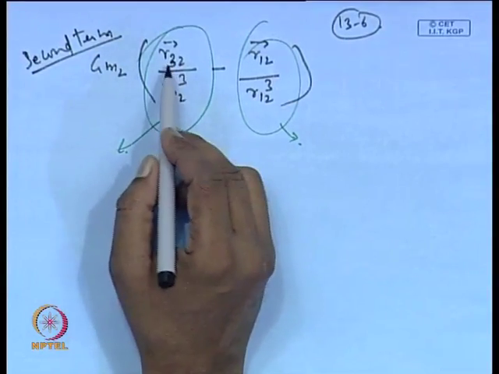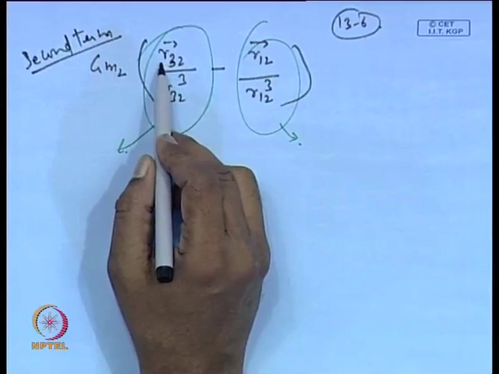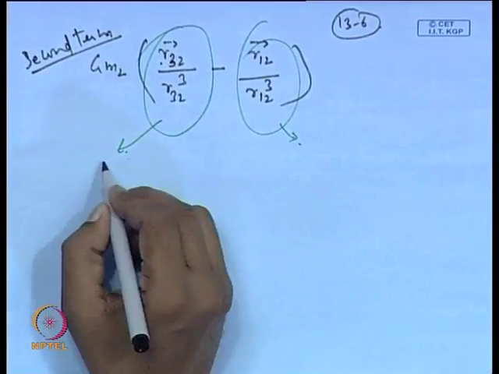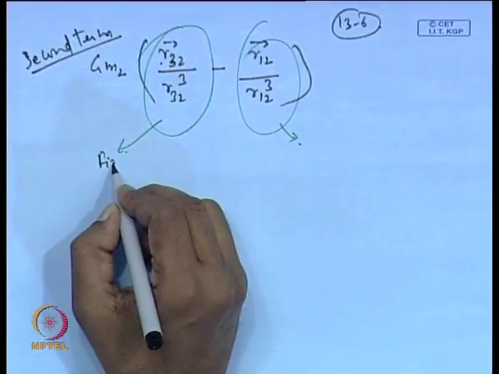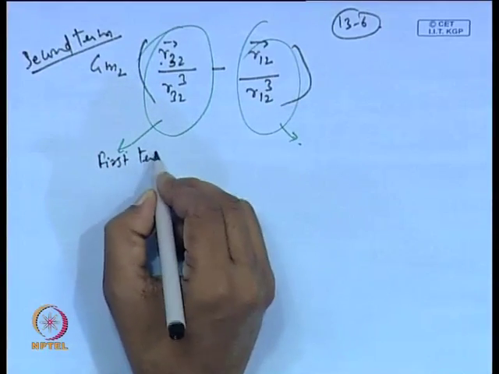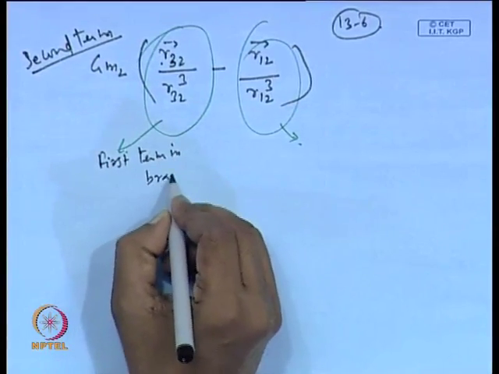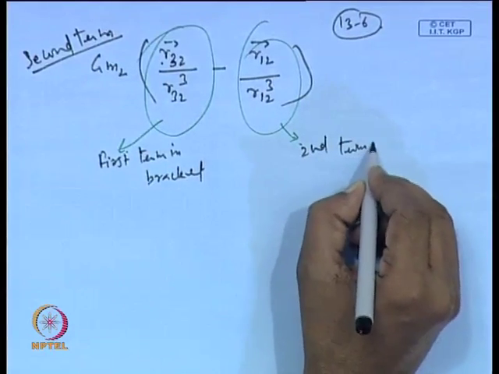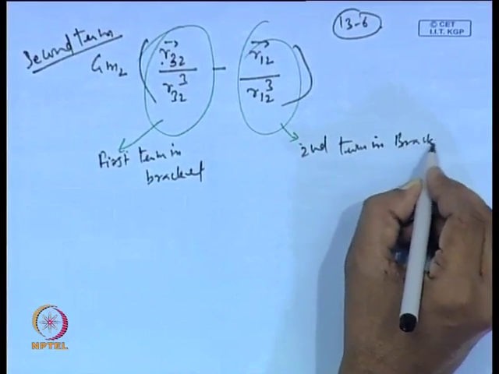So, if we look into this term, this is the R32. This is the term which is related to the first term in bracket, and this is the second term in bracket.